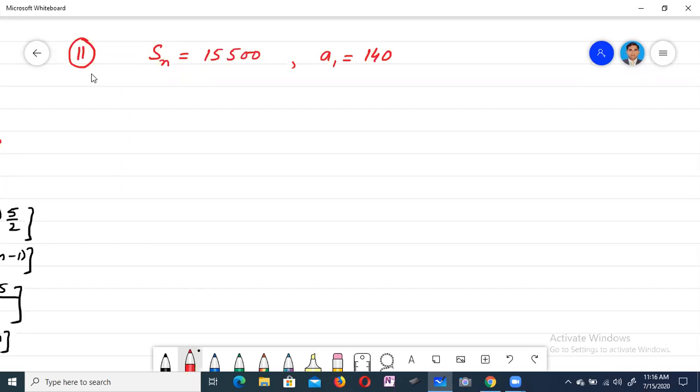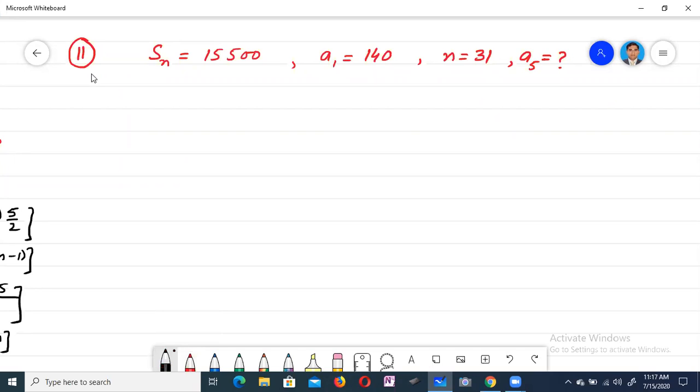And the debt is fully repaid after 31 payments, mean total payments are 31. He's paying this whole amount in 31 payments. Total number of terms will be 31. Find the fifth payment. Fifth payment mean we need to find here A5, fifth term of the progression.